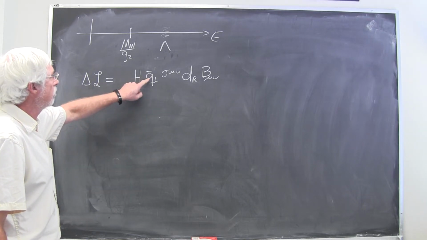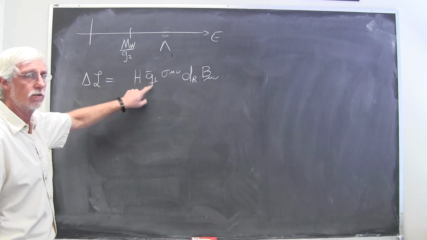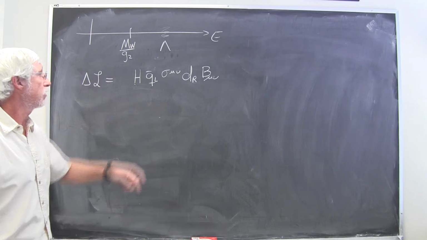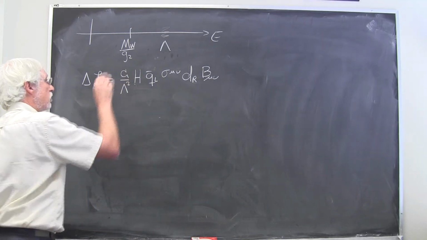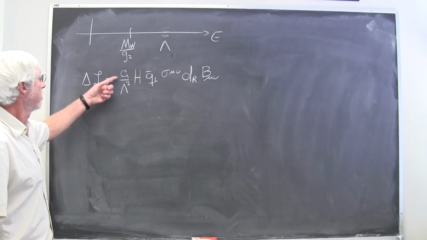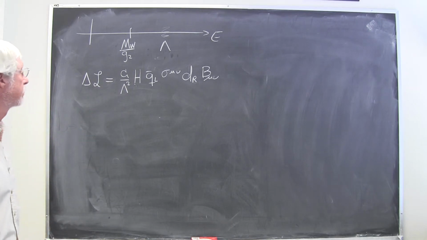And moreover, the Higgs and the quark doublet are contracted in a way to make a singlet. So this is an operator of dimension 6, and up to some constant of order 1, naively, the coefficient in front should be 1 over lambda squared.